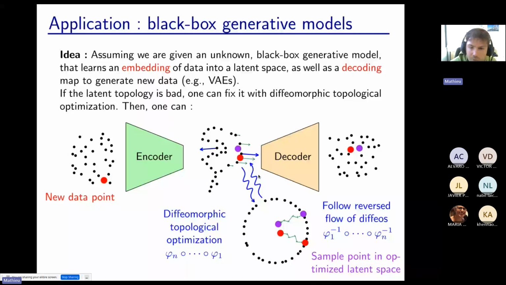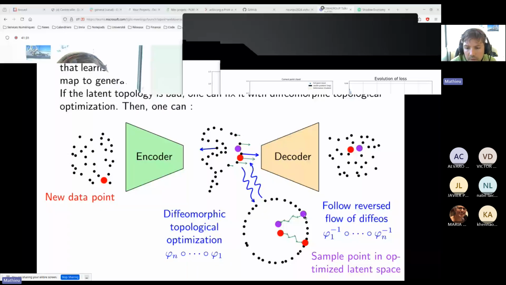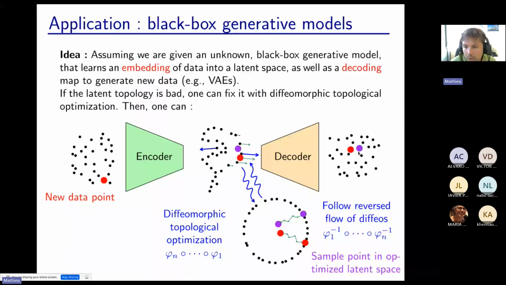I don't have to modify the parameters of the encoder and can still modify the latent space. You can give me an encoder that has been trained in a specific way. I can fix the latent space with topological optimization and still plug in, work on this optimized latent space, sample new data in this latent space, and then follow the gradient back, and then apply it on the decoder to get newly generated points.